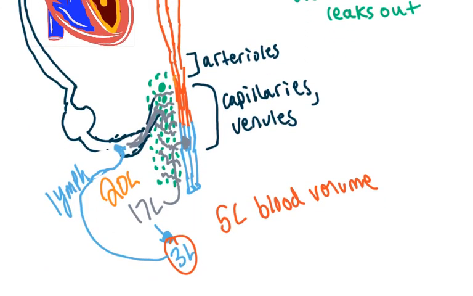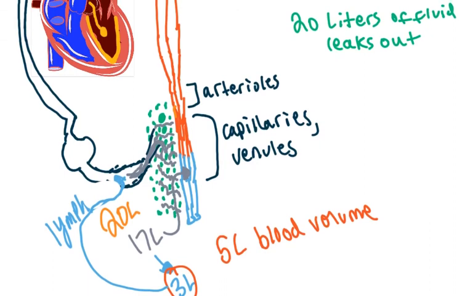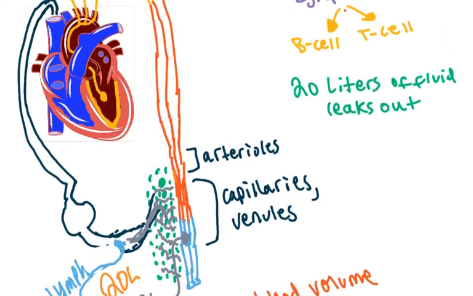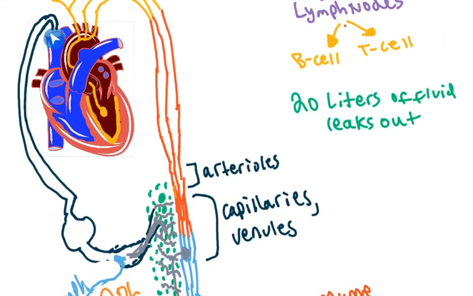Right, so that's the basic idea of the lymphatic system. It takes the pumped out fluid due to the high pressures of the heart and restores our blood volume through its system of lymphatic vessels by putting that extra fluid into the heart so it can be pumped back into circulation.